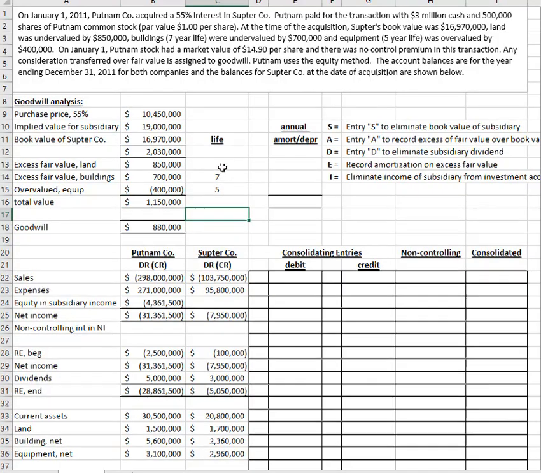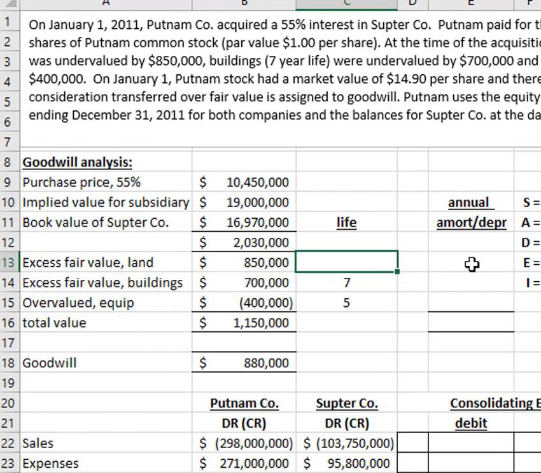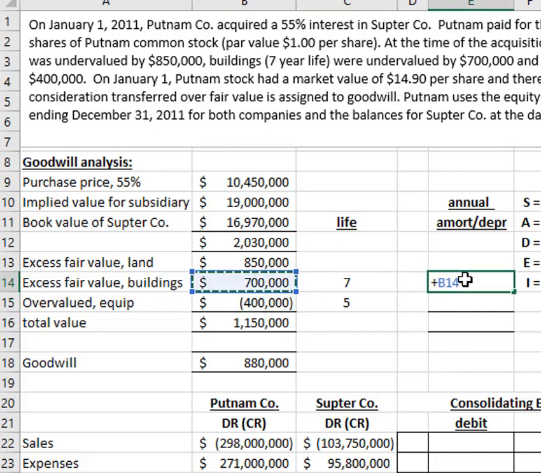So now, land does not have a useful life, so there won't be any amortization or depreciation on it. The buildings, they tell us, had a 7-year life, and the equipment, they tell us, has a 5-year life. So the amortization for each of the 7 years and for each of the 5 years, or depreciation, whichever you want to call it, is going to be a net 20, with 100,000 reducing that write-up of 700 and 80,000 increasing the write-up of the 40, because they're going in different directions.